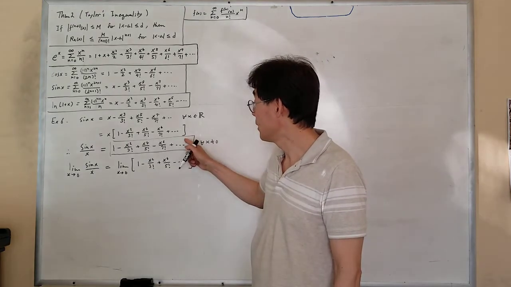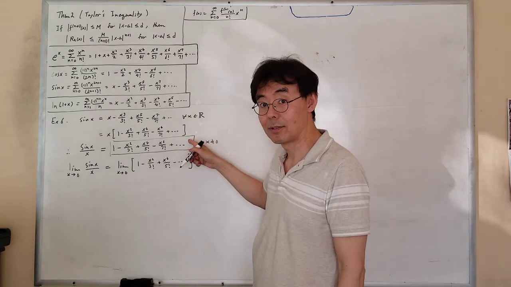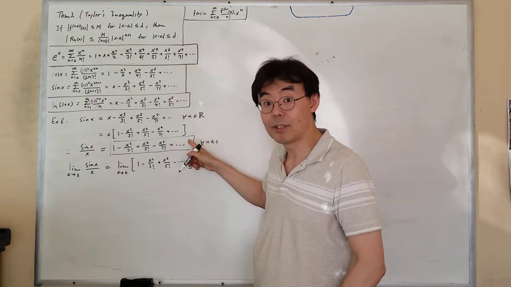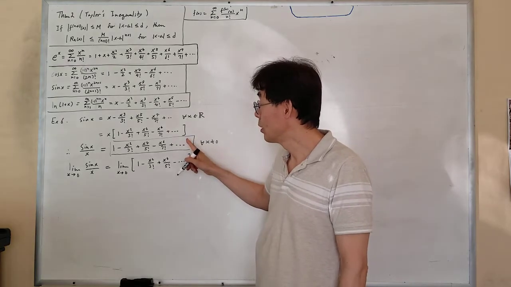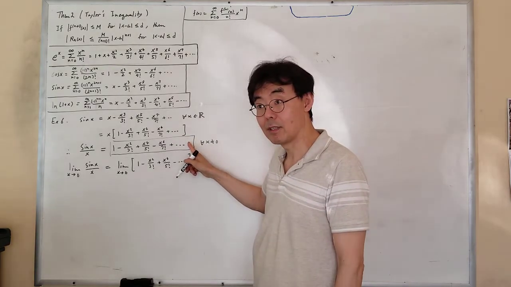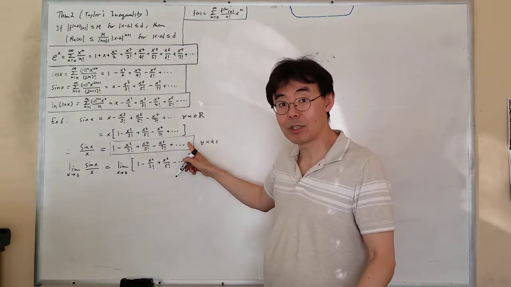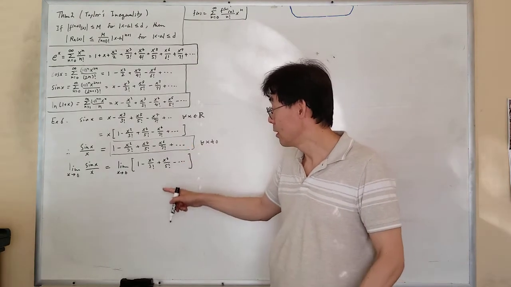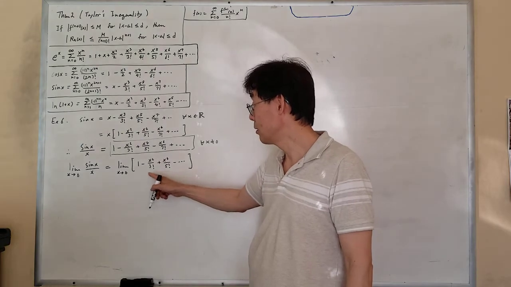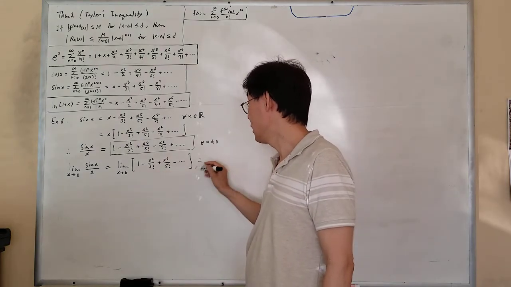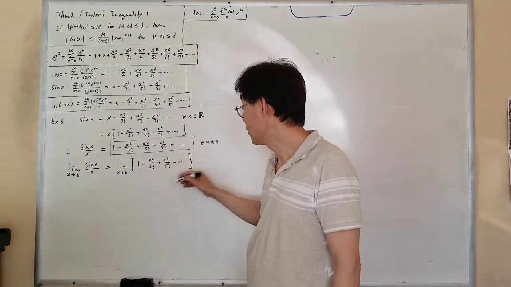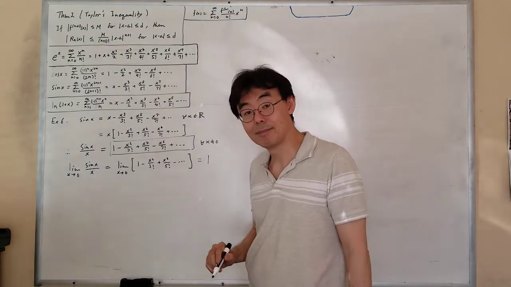So this is the power series representation of some function whose radius of convergence is infinity. And any function which has a power series is differentiable everywhere, therefore continuous. Because it is a continuous function, the limit value is exactly the same as the function value there. Plug in x equals 0, and it will be just 1.